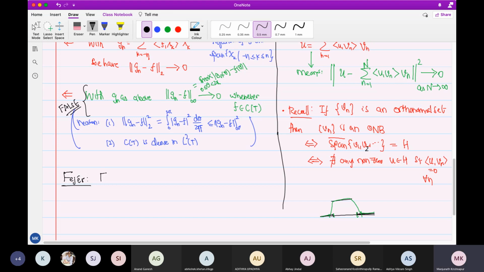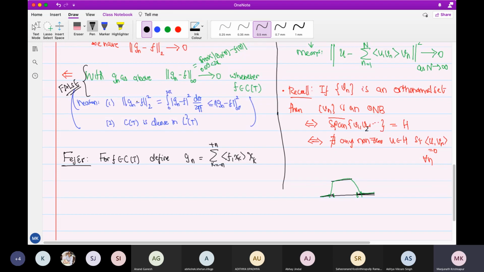So for f in C of T, define Gn as above. I should probably provide an example somewhere showing that it doesn't work, but I cannot do that now.